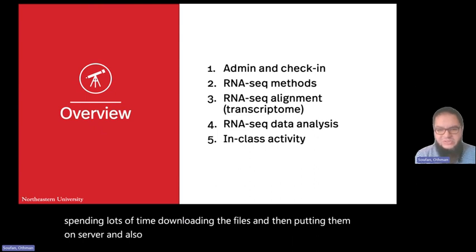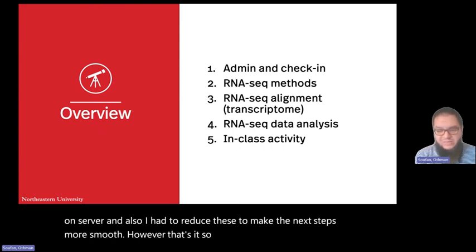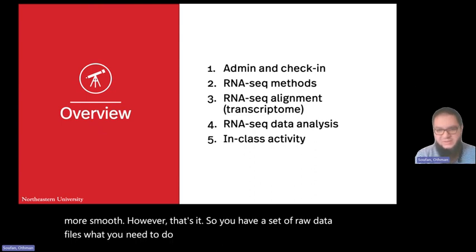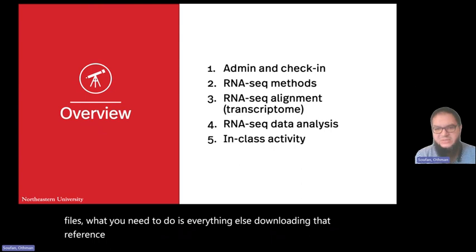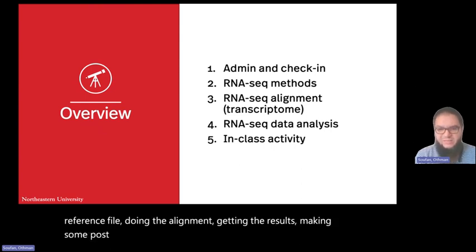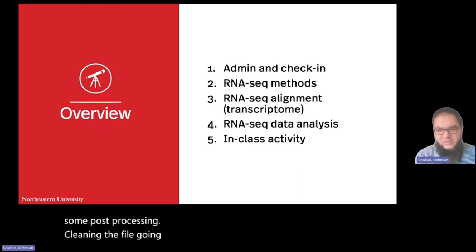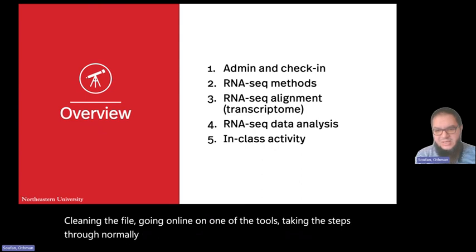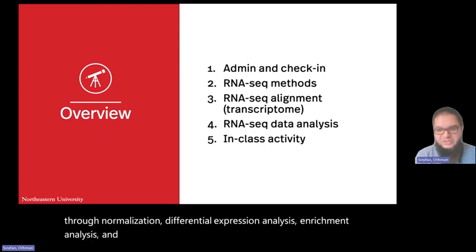Also, I had to reduce these to make the next steps smoother. However, that's it. So you have a set of raw data files. What you need to do is everything else: downloading the reference file, doing the alignment, getting the results, making some post-processing, cleaning the file, going online on one of the tools, taking the steps through normalization, differential expression analysis, enrichment analysis, and sharing some visualizations, and sharing all of that as a type of report.